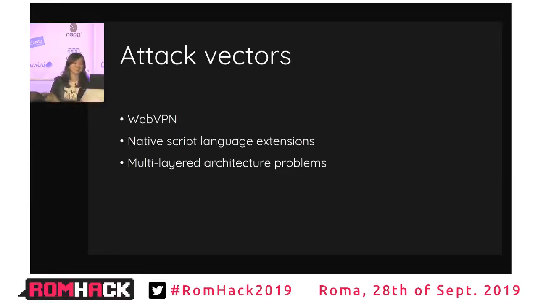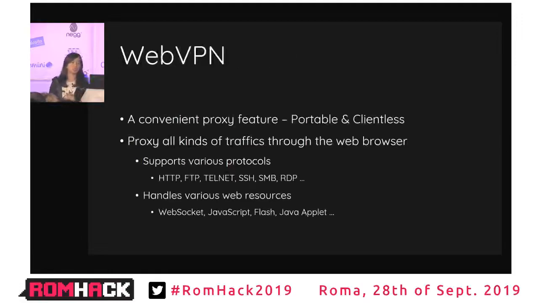The next one is the native script language extensions on SSL VPNs and how that can be dangerous. And we also introduce some multi-layer architectural problems. So let's start with Web VPN. Web VPN is a convenient proxy feature. It's portable and clientless. It proxies all kinds of traffic through the web browser.